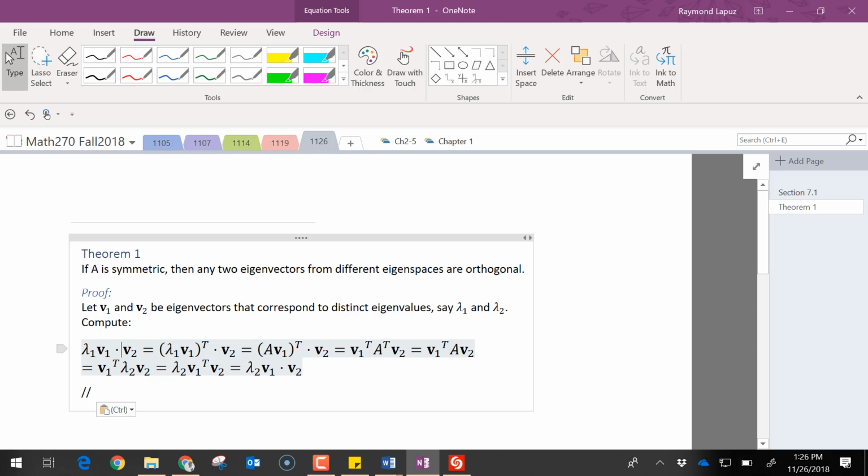Then the dot product, well, they're taking the inner product, but before they take the inner product, they scale one of them. And so that actually is equal to the matrix times the vector.